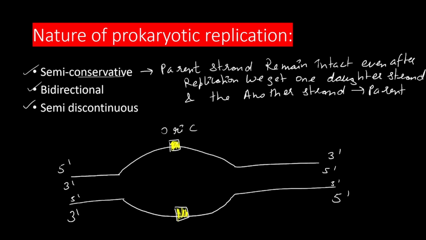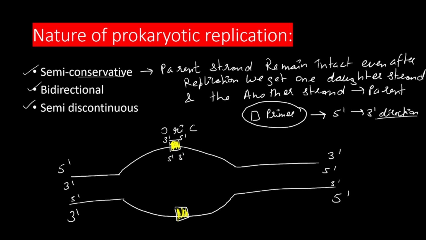Now in this region, origin of replication, it must be 3 prime to 5 prime and this will be 5 prime to 3 prime. Now the thing to notice is that whenever we put a primer, it's always gonna synthesize from the 5 prime to 3 prime direction.